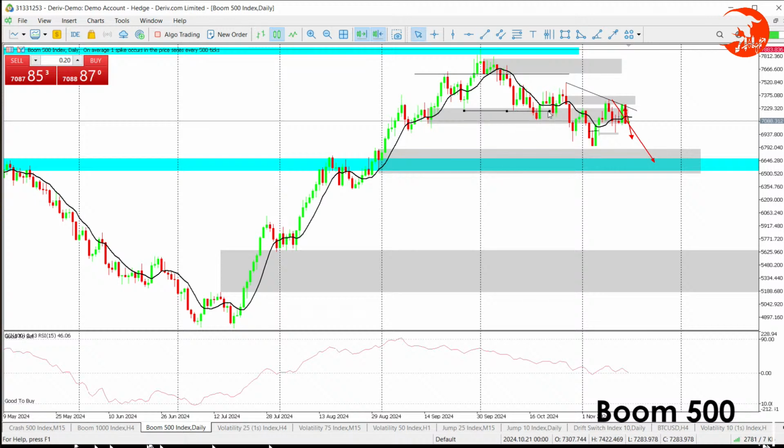We retested back several times after the change of character, and now we have, you may say, a breakup structure there. This was some kind of breakup structure here.